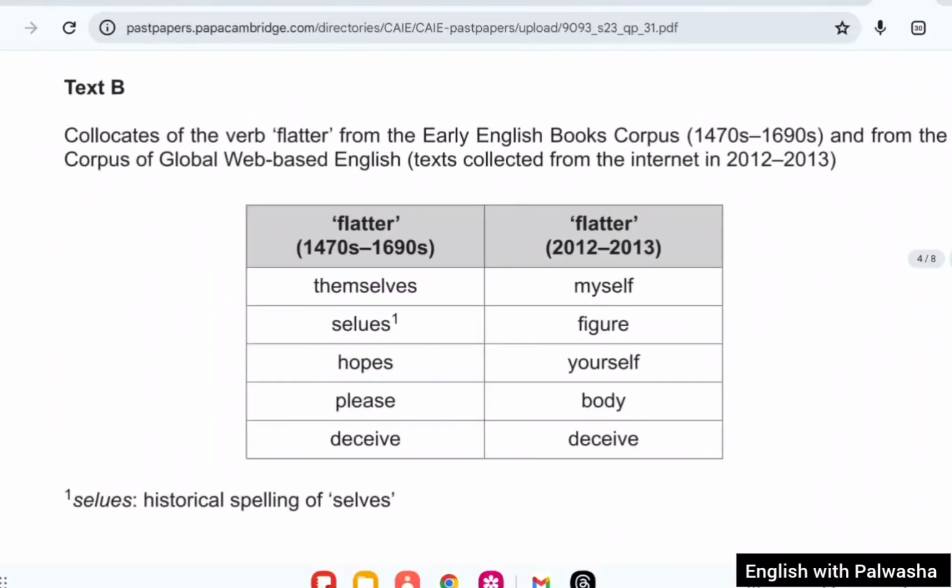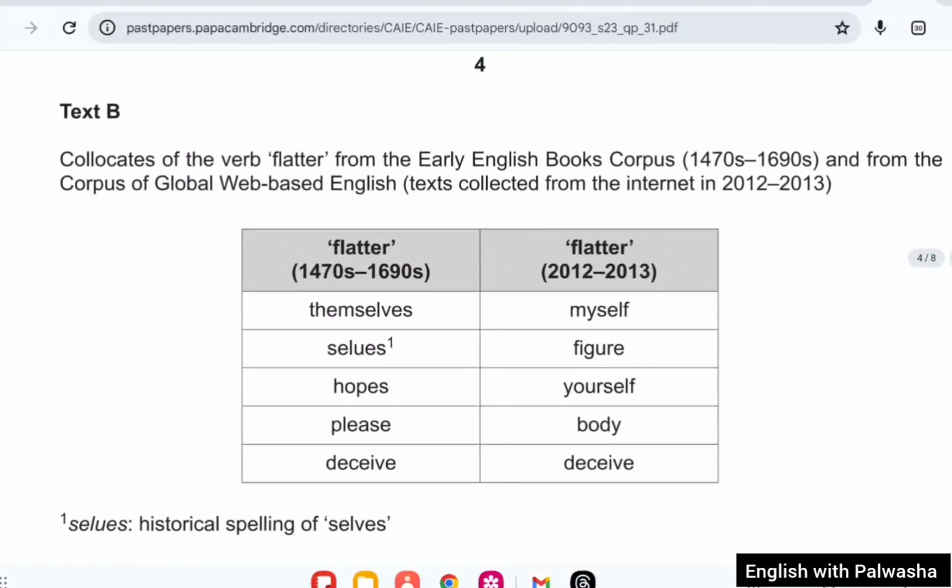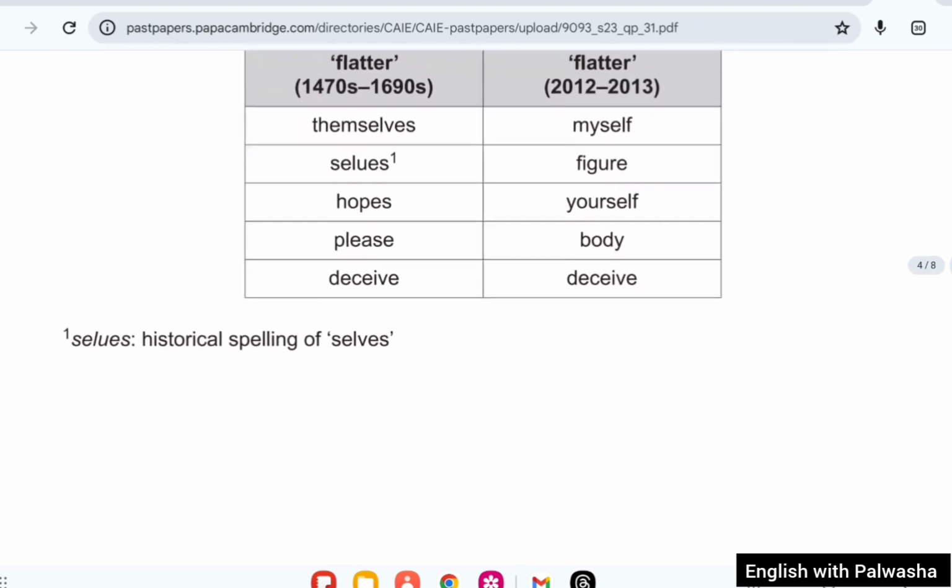Now Text B is the collocates of the verb. In the 1470s to 1690s, the words were used like this, and now in 2012 to 13, the words are quite easy and simple, and they've changed completely, right? And from the Corpus of Global Web-based English, you can see the texts are collected from the internet. Of course, everything is updated on the internet quite abruptly.